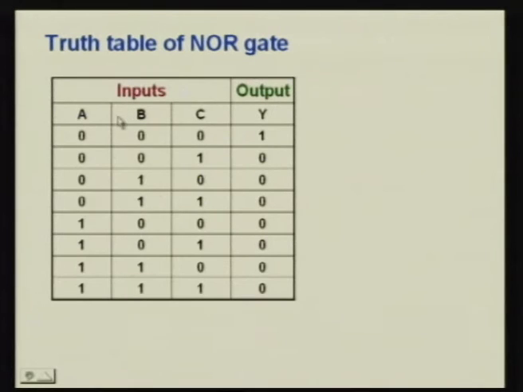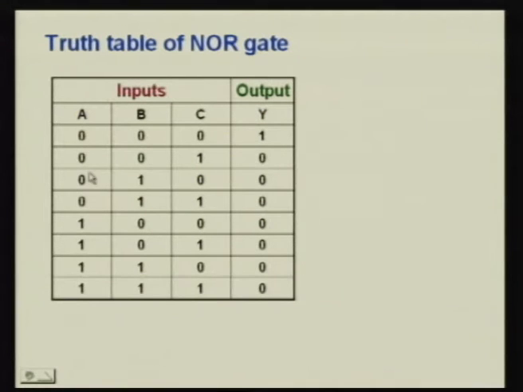We will discuss a 3 input NOR gate. A, B, C are the inputs and Y is the output. It is very interesting to see: if we have inputs 0, 0, 0, that is A, B, C all 0, if it were an OR gate, the output would have been 0. Since it is inverted for the NOR gate, this will be in one state.